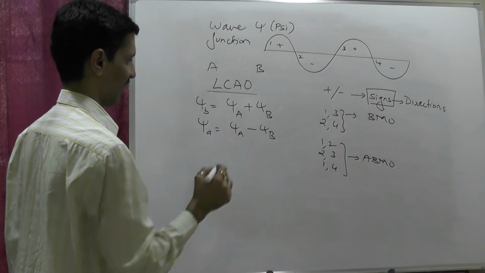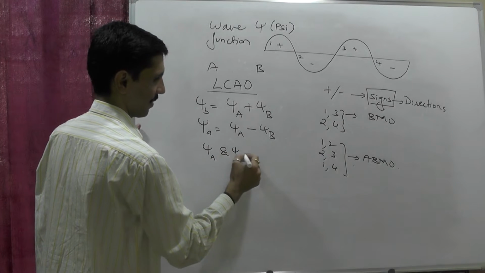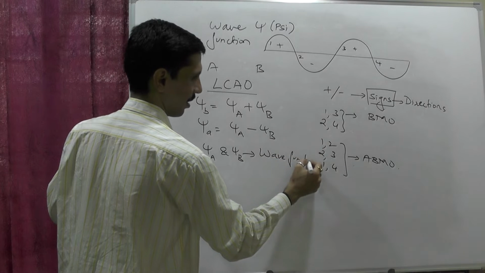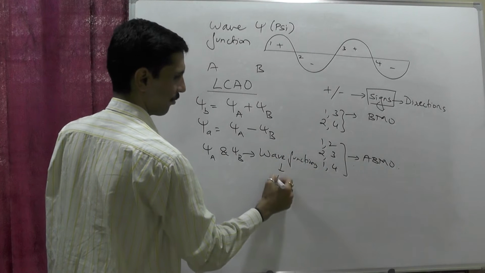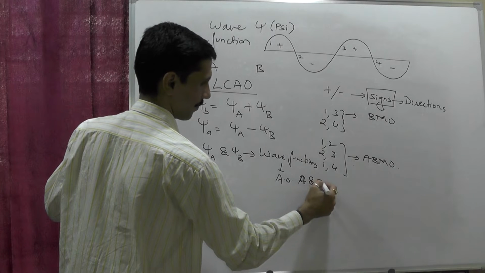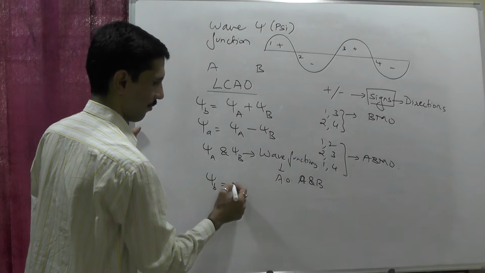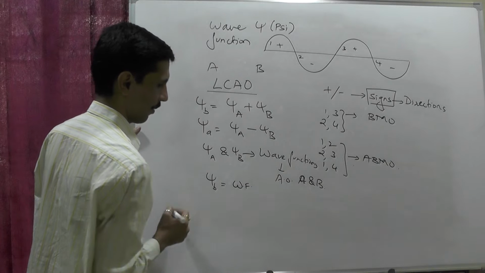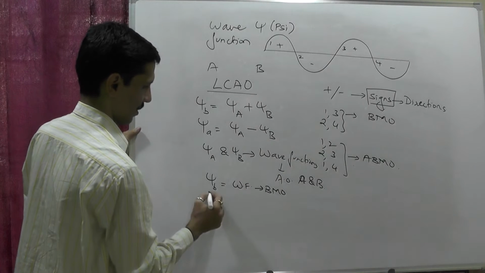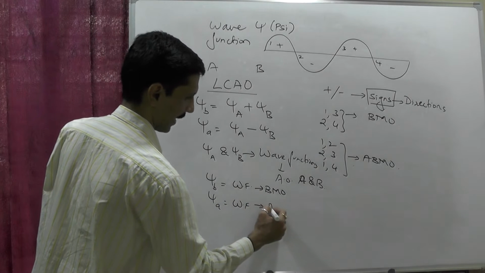Now what is all this? I'll tell you. Psi a and psi b are the wave functions of the atomic orbitals of A as well as B. Psi small b is the wave function, I just write it in short, WF of BMO, and psi A is the wave function of ABMO.